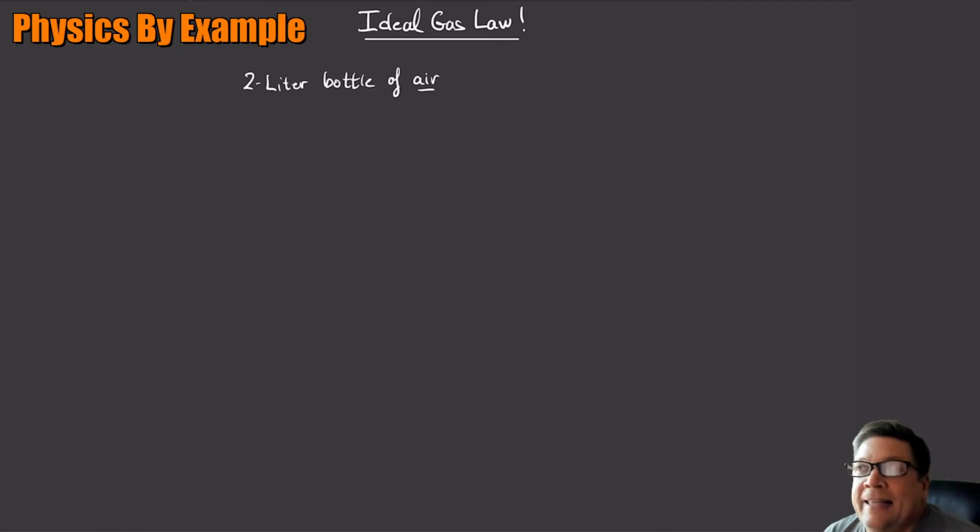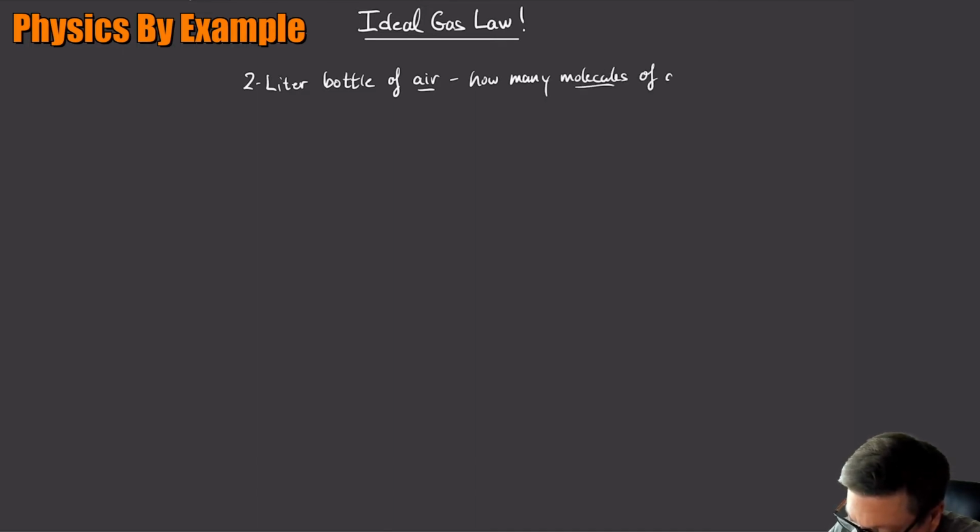The ideal gas law is going to let us calculate how many molecules of gas are in the bottle, which is kind of a cool thing. How many molecules of air in the bottle?